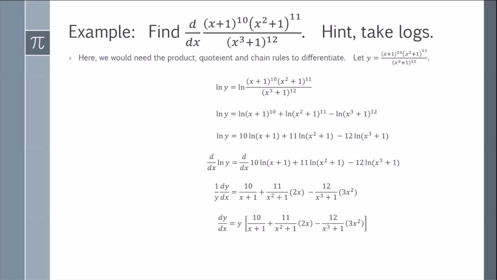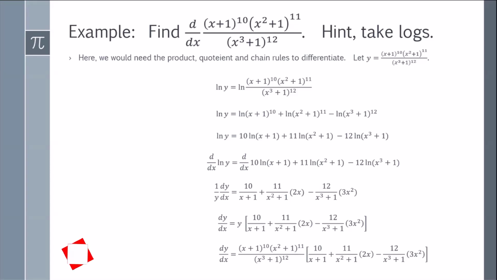If we multiply through then by y and back substitute what we defined as y, we get our final answer. So in this example, we've used the properties of logs and implicit differentiation to make this derivative significantly more straightforward.